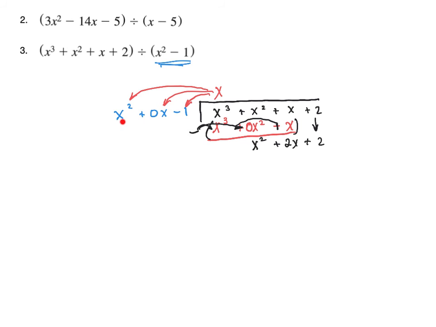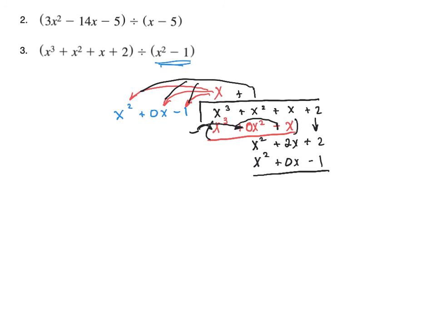What can I multiply x times to get x squared? The answer is 1. So I go, all right, multiply by 1, and I distribute that 1. I go 1 times x squared, 1 times 0x, and 1 times negative 1.